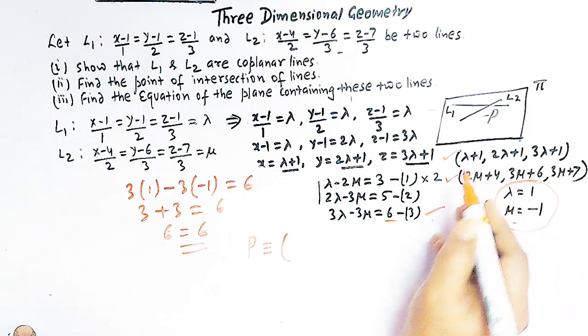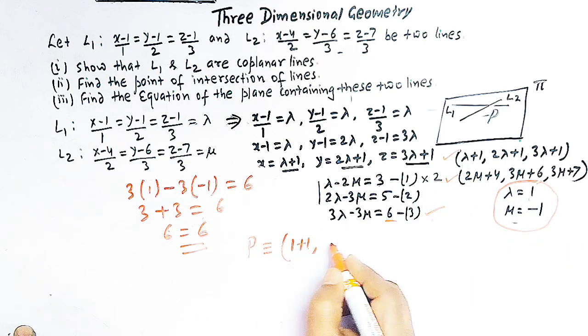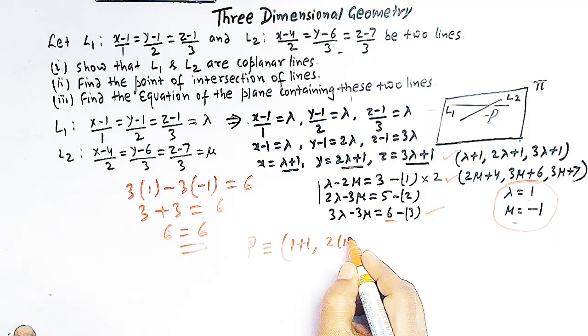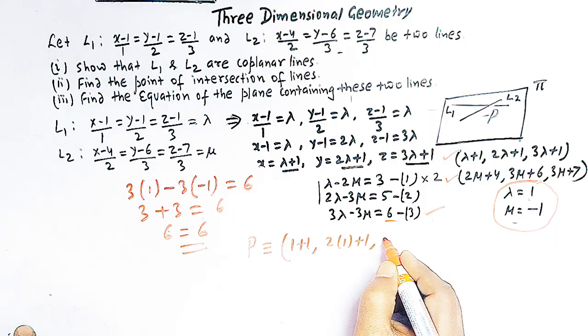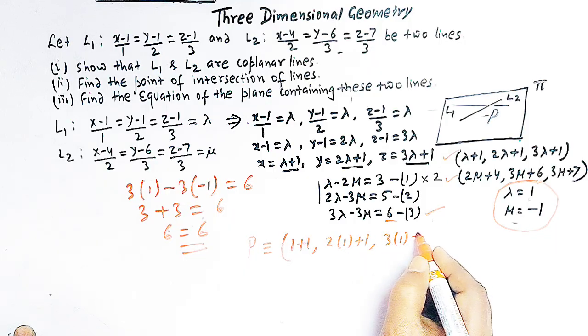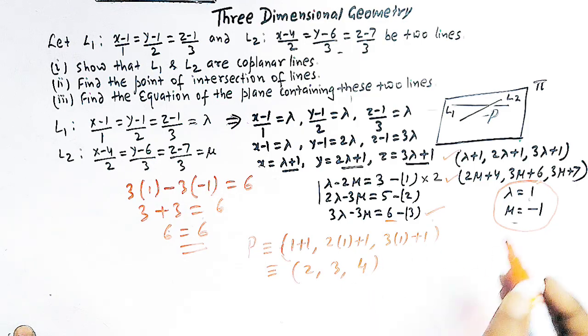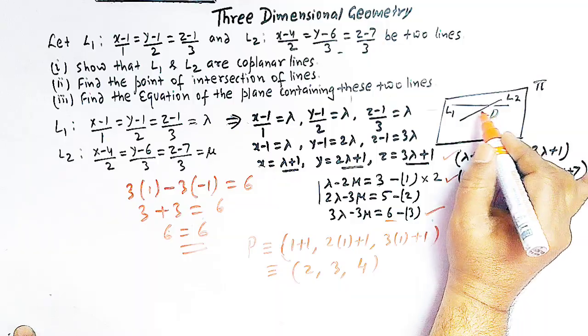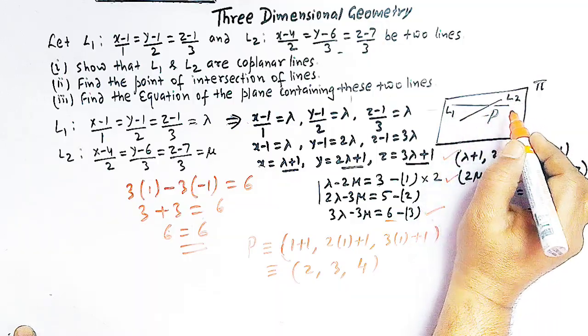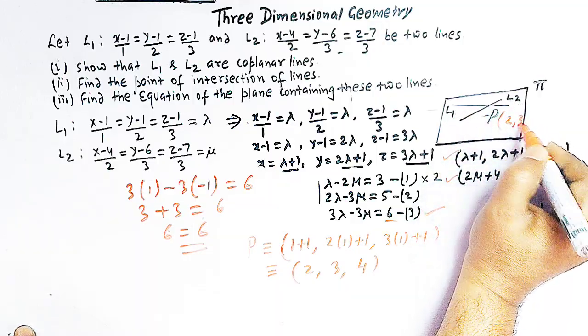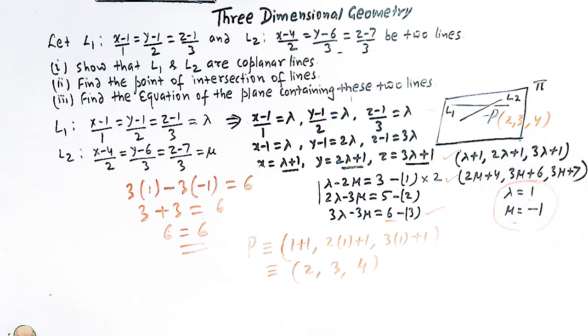Lambda is 1, so we have 1 plus 1, then 2 times 1 plus 1, then 3 times 1 plus 1. So 1 plus 1 is 2, 2 plus 1 is 3, and 3 plus 1 is 4, right? So the coordinates of the point of intersection of L1 and L2 are given by 2, 3 and 4.